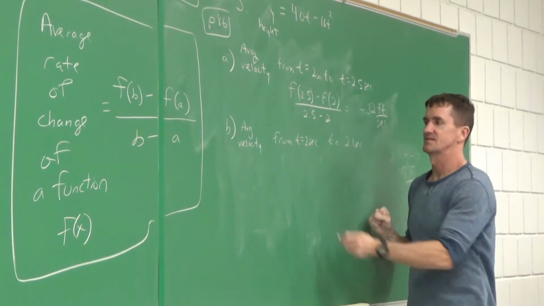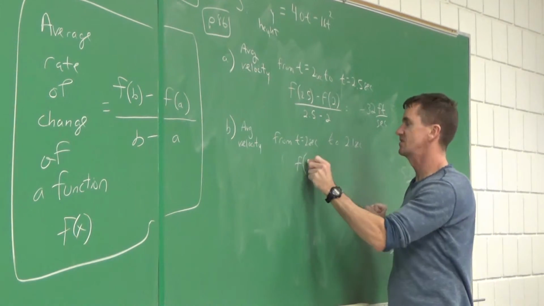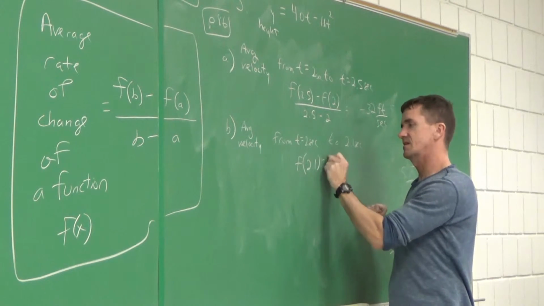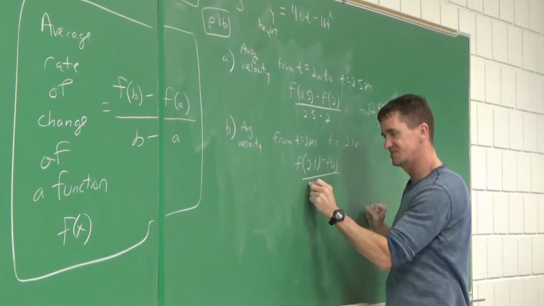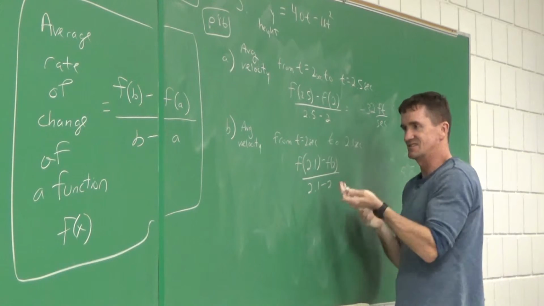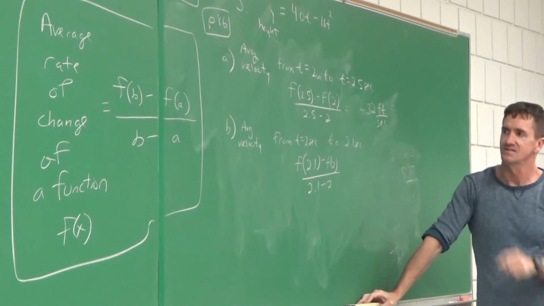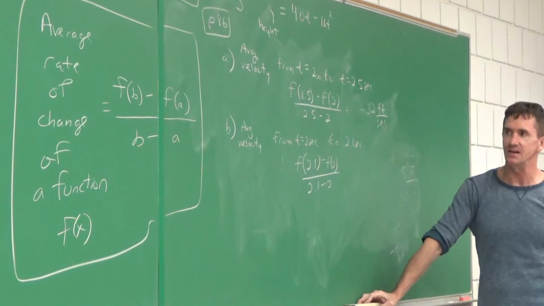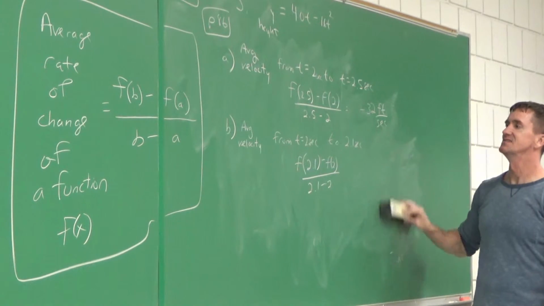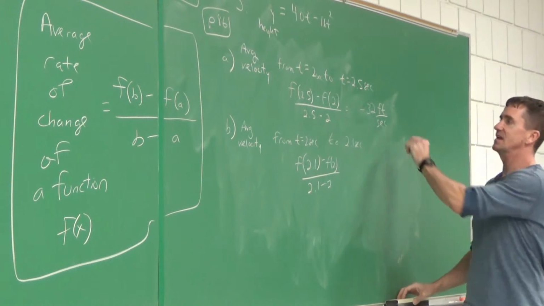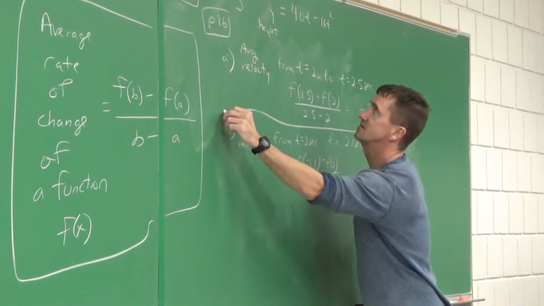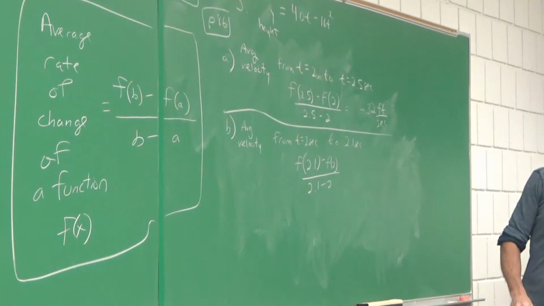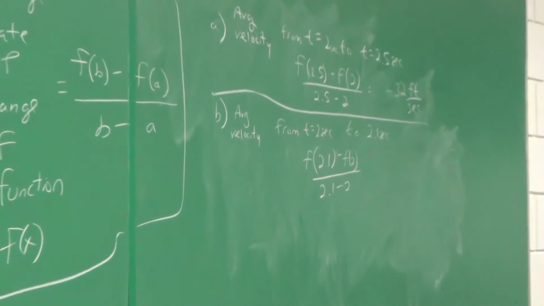So there's a reason why they're doing this. You might say, okay, I'll just go through the motions. In fact, I think we'll skip C and just go down to D. So that was negative 32 feet per second. Let's see what we get.